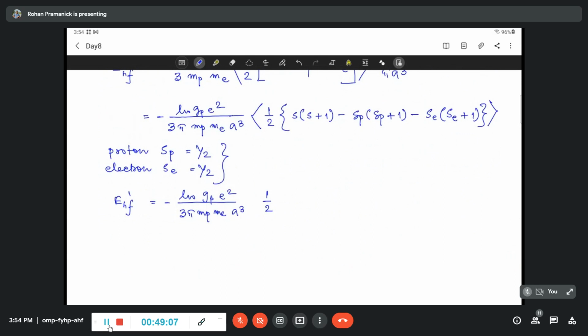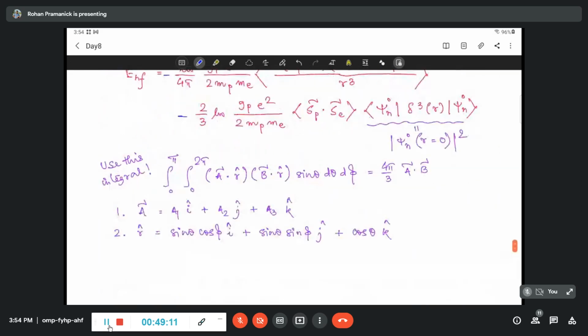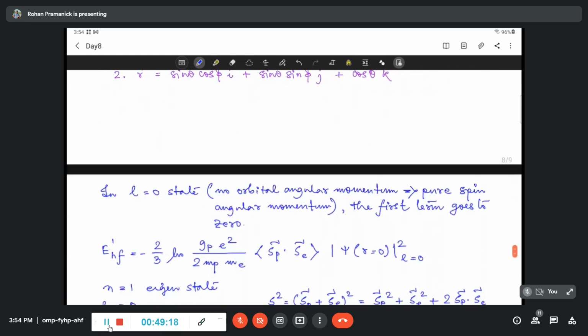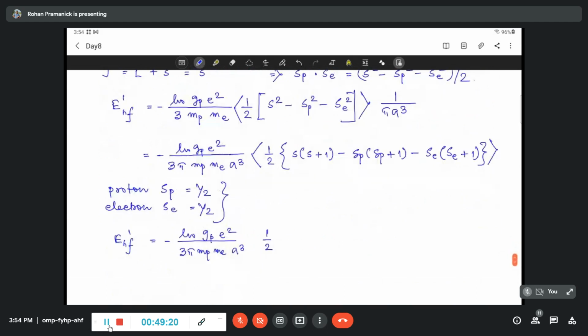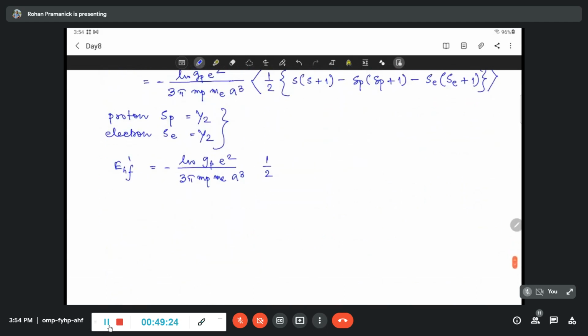Two of them are done using this integral a dot b kind of thing, and one of them is done previously using the Feynman-Hellmann theorem, that is the 1 by r cubed. So there is no expectation value remaining, and this is the absolute value. So this is S times S plus 1 minus, so half into half plus 1 is 3 by 4, and 2 times 3 by 4 will give you 3 by 2.